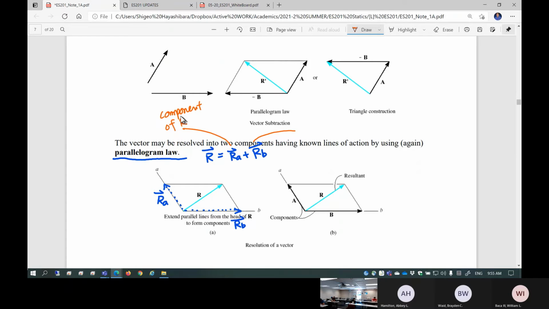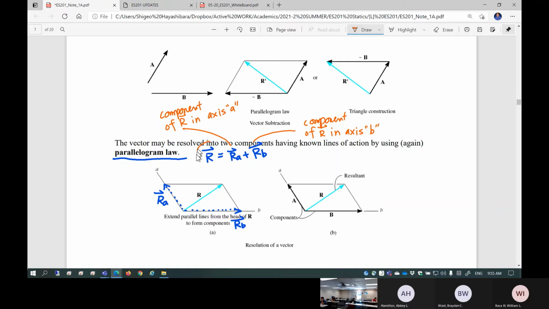Component of vector R in axis A. This is a component of vector R in axis B. If you add them up, you can still construct vector R. Okay?